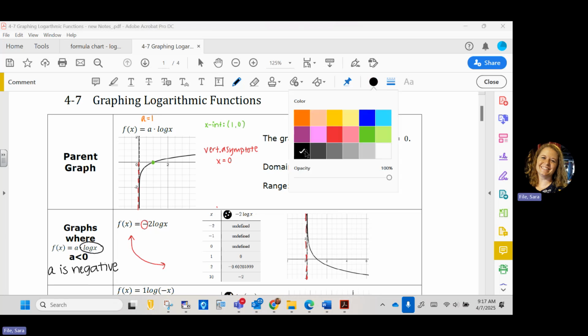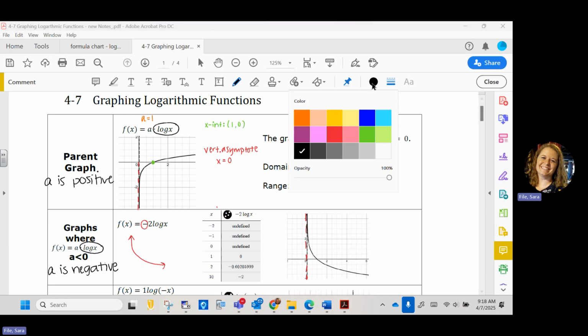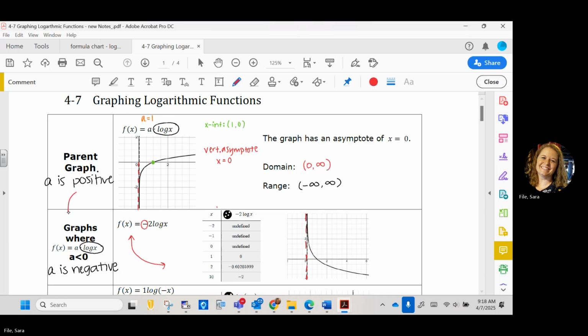Okay. So I'm going to add up here under parent function. I'm going to say a is positive. Okay. And you're taking log of x. Okay. You had your general shape like this.